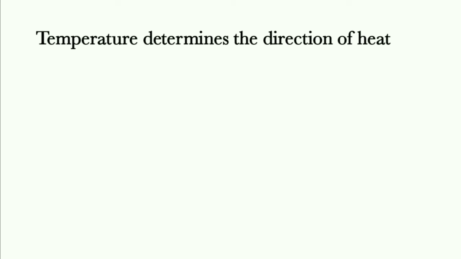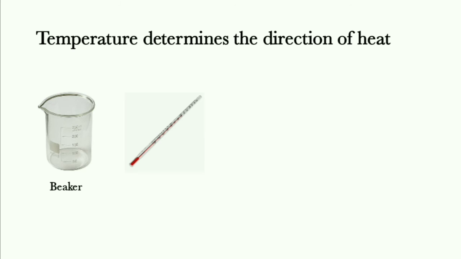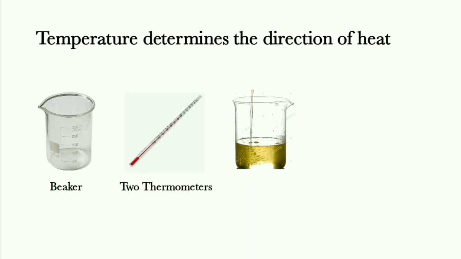What are the things required for performing this activity? The things required are a glass tumbler or a beaker, and 2 thermometers, especially laboratory thermometers, and some coconut oil and some hot water.